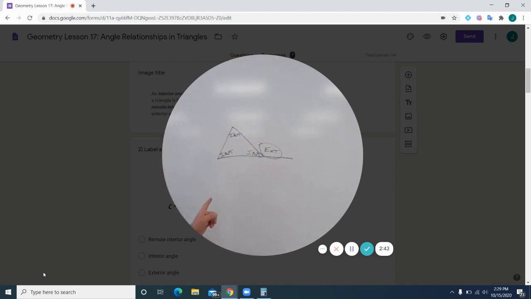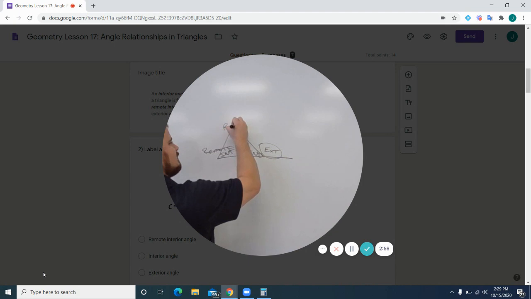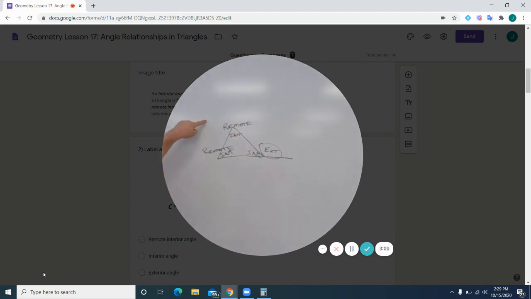But in order to describe the interior angles that are not touching the exterior angle, we call them remote interior angles. So this is a remote interior angle, and then right here, and this right here, up here, is a remote interior angle. So we'll have interior angle, just plain interior, remote interior, and exterior.